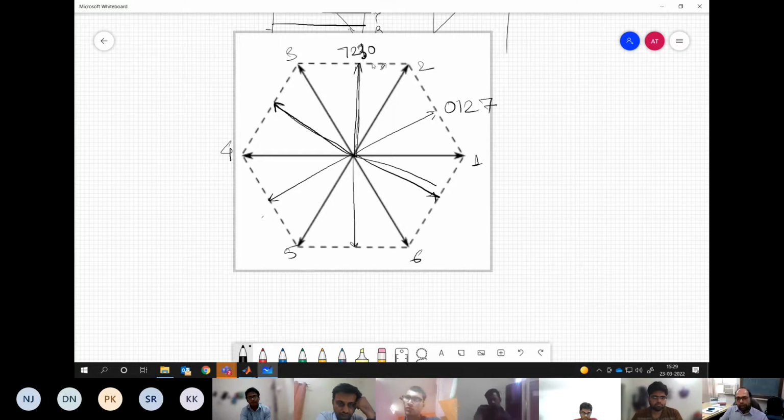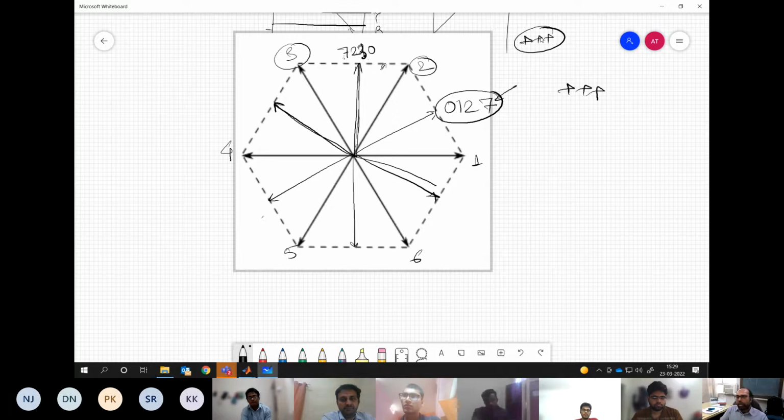Why 230? Because the vectors associated with this sector are 2 and 3. Now why 7230 and not 0237? Because we are ending this sector at the vector plus plus plus, so we should start the next sector with the vector plus plus plus only. We cannot start with minus minus minus, as 3 switchings are involved.